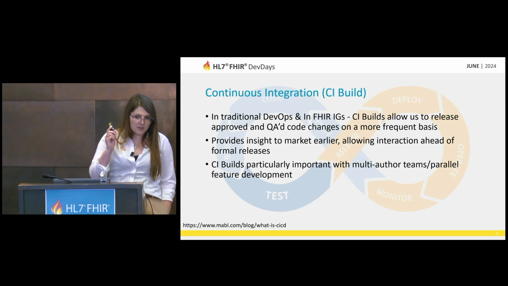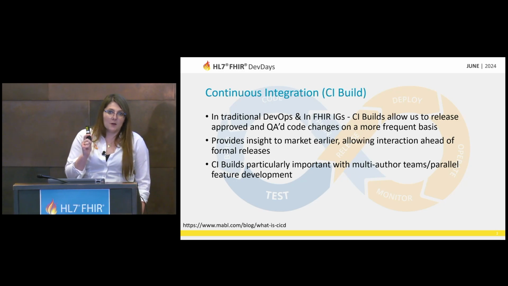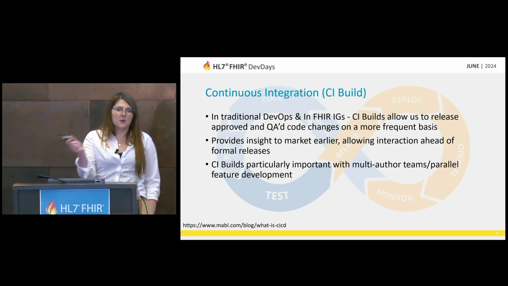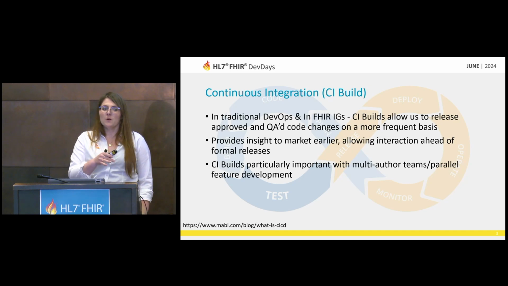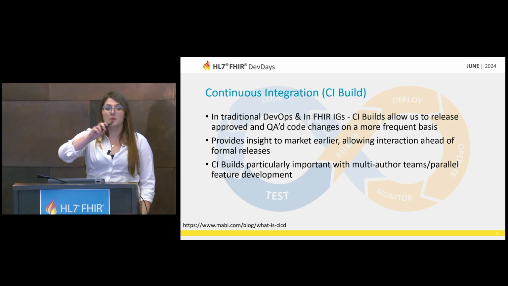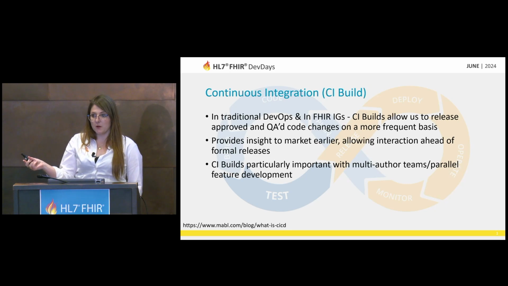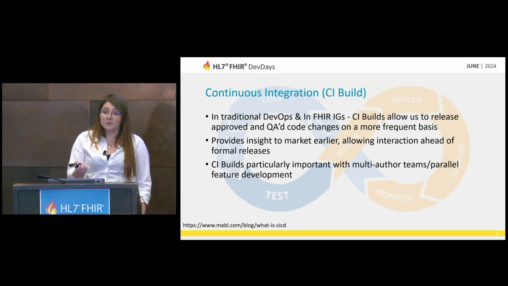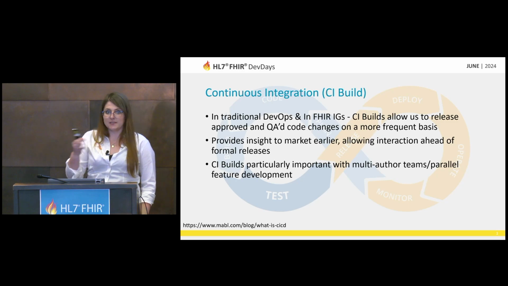So I saw some IG authors in the crowd, which means probably some of you have seen, when you go on hl7.fhir.org and you're looking at an implementation guide, something like CI build in the URL. If you're a developer, you're thinking, yeah, I know CI build, I know CD.